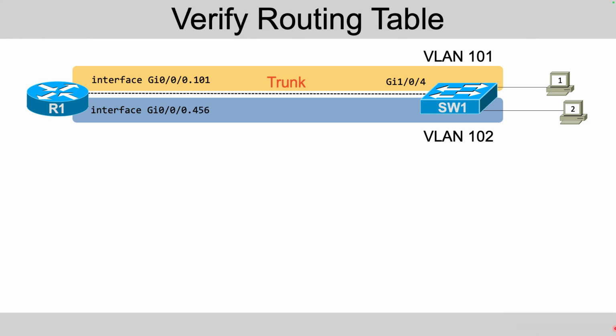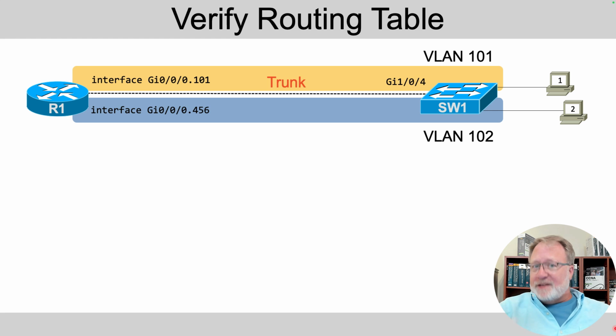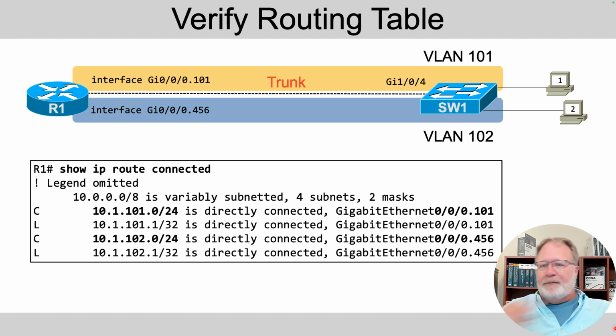Now take a pause and think back to what you expect to see on a router in terms of IP addresses and routes, right? You configure an IP address on an interface, you expect to see routes off that interface, in particular connected routes and local routes, right? Now we've got these two subinterfaces that are subparts of gigabit 0/0/0. Well, each of those subinterfaces act like interfaces in the routing table.